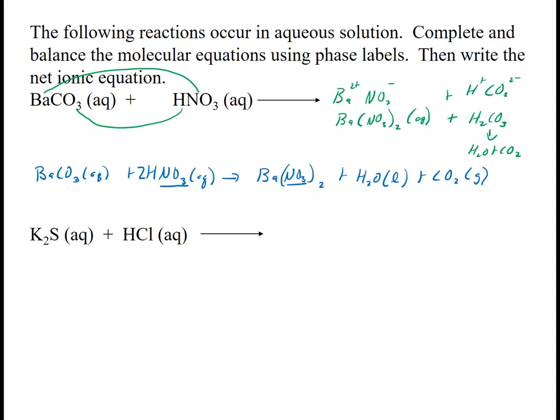To write out the complete ionic, I have barium 2 plus, carbonate 2 minus, plus 2 H pluses, plus 2 NO3 minuses, goes to form Ba, oops, I didn't write that as being aqueous, I forgot, 2 plus, 2 NO3 minuses, plus water stays together and carbon dioxide stays together. So to cancel, barium cancels and nitrate cancels.